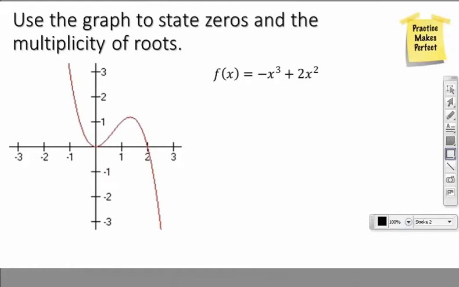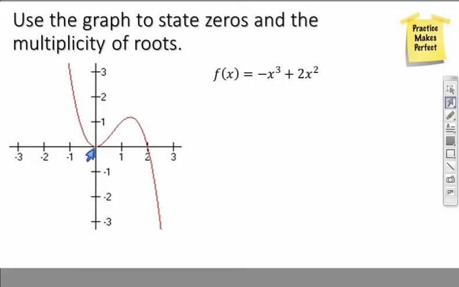Okay, on this one, we're going to use the graph to state zeros and the multiplicity of roots. And when you look at this, you think, oh, well, this is easy. I can see my intercepts right here. And I can see my other x-intercept right here. So it's 0 and 2. But there's a catch. One of these actually has more than one intercept.